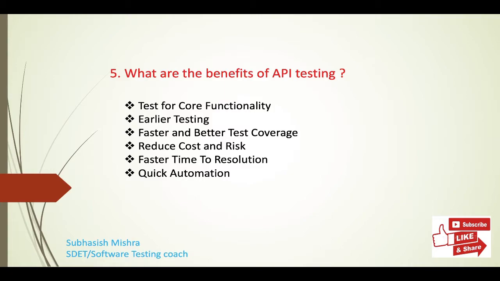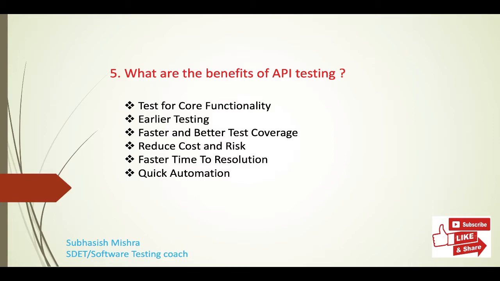Faster time to resolution. When API tests fail, we know exactly where our system broke and where the defect can be found. This can help reduce time for triaging bugs between builds, integrations, and even with different team members. Then, quick automation in API testing.